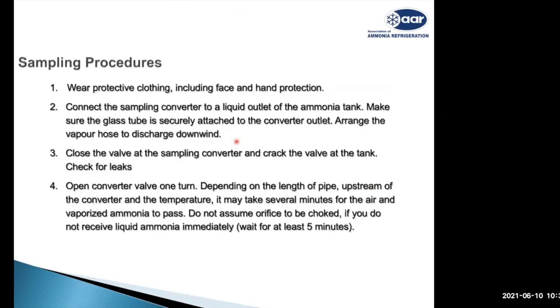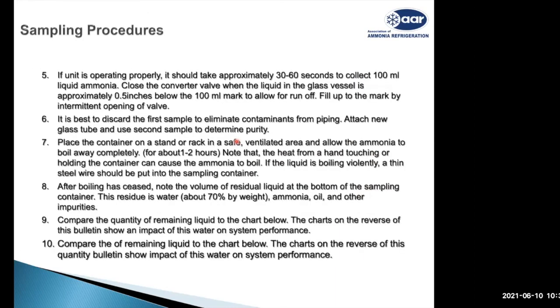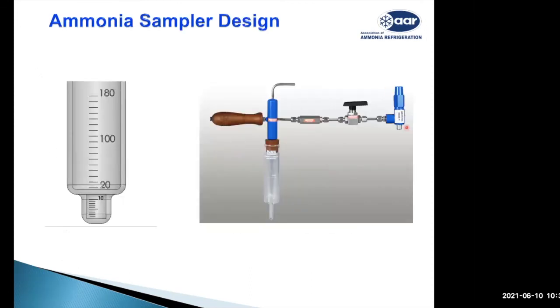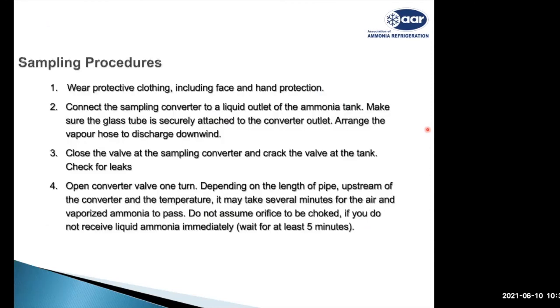If there is a lot of sludge and dirt coming in, then you close this isolation valve, close the valve on your system drain point, and check the color and the quality of the ammonia you have collected.